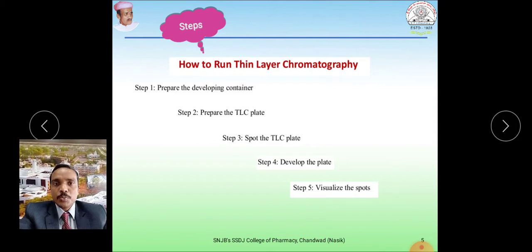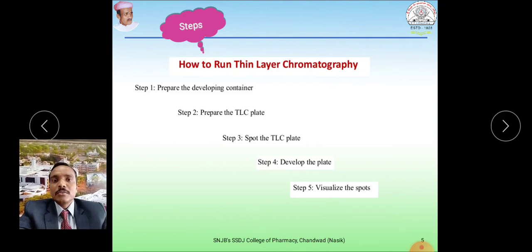Initially we have to prepare the TLC chamber, in which we add the solvent, the mobile phase, and we have to saturate that chamber. Secondly, we have to prepare the TLC plate, on glass plate or aluminum foil, by using silica gel.